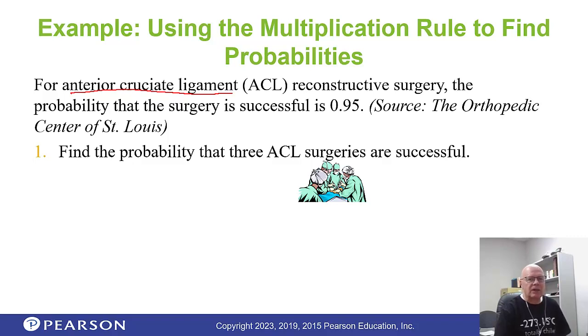Anyway, back to the point. The probability that the surgery is successful, we're going to say, is 0.95. 95% of the time the surgery is successful. Now we want the probability that 3 ACL surgeries are successful some morning. So how do you do that?